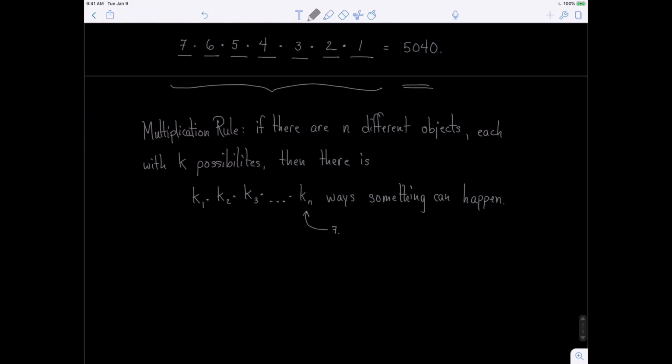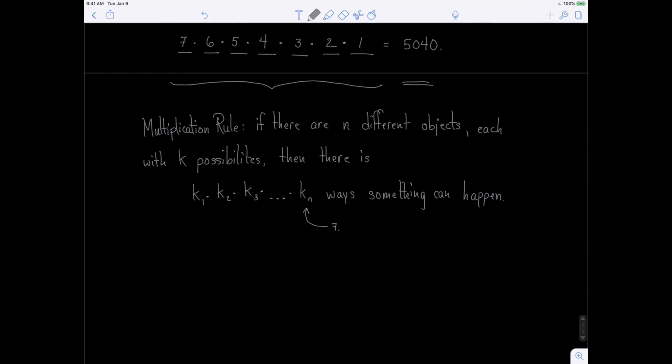Now, the other thing we wanted to look at is the idea of this descending multiplication. Notice that it goes down by the next whole number. So it goes 7, 6, 5, 4, 3, 2, 1, and then it stops.